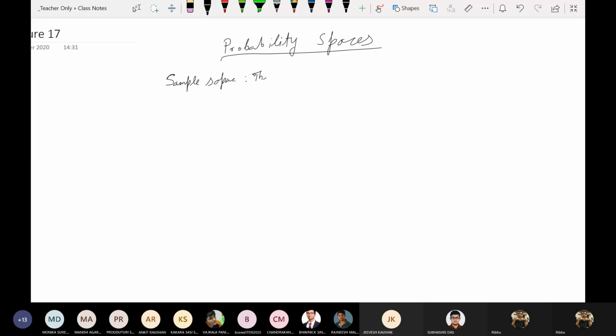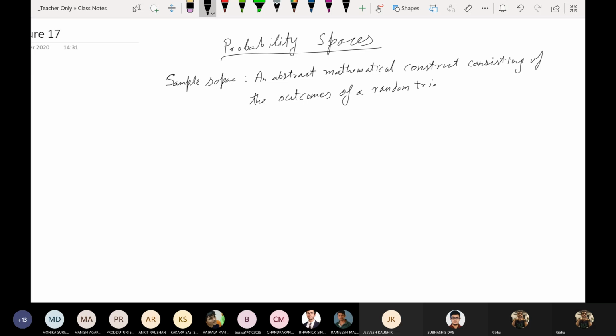So let's modify the definition slightly. An abstract mathematical construct consisting of the outcomes of a random trial.